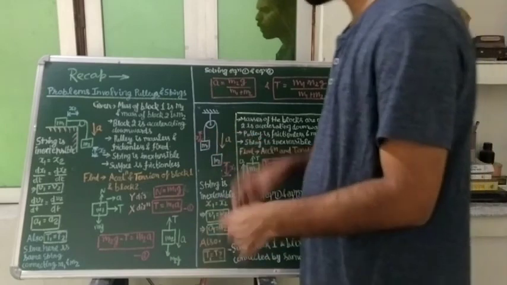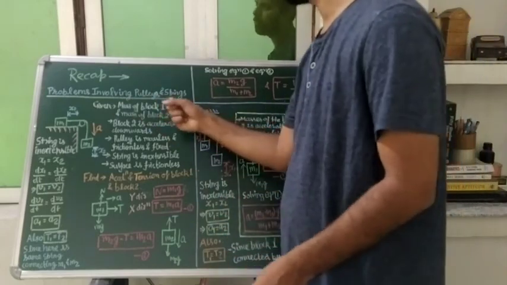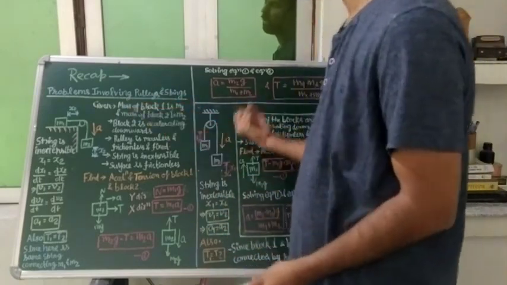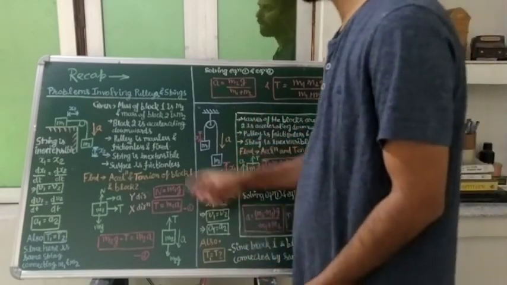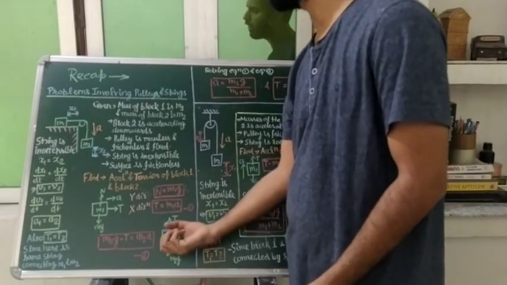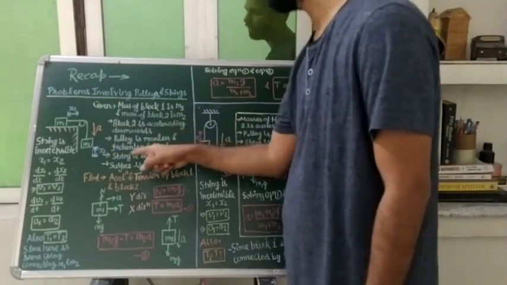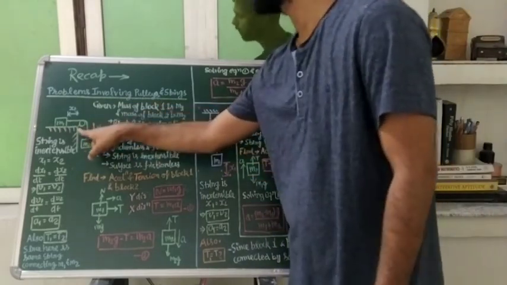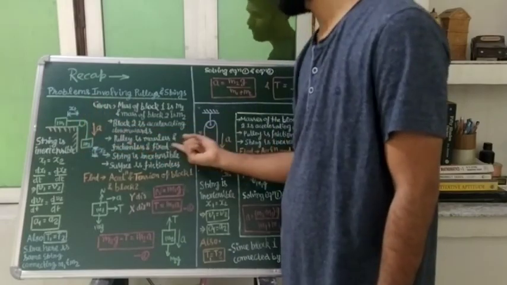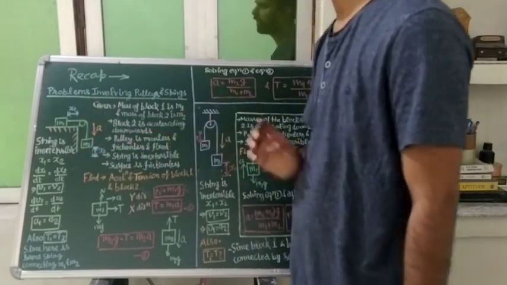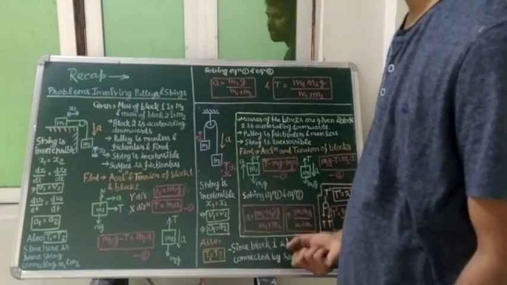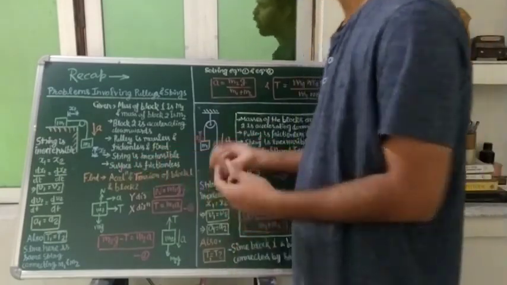The masses of blocks m1 and m2 were given, and block 2 was accelerating downward. We assumed the pulley is massless, frictionless, and fixed. It is not moving. The string is inextensible and the surface is also frictionless.